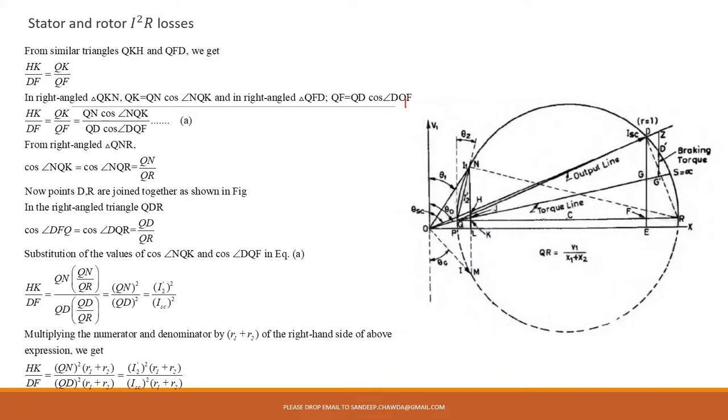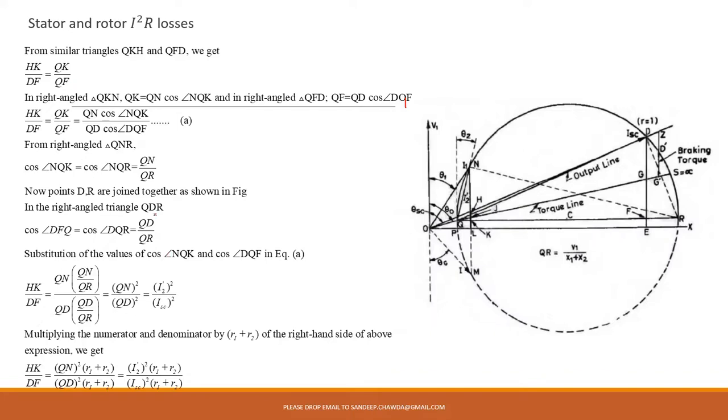It will be equal to angle DQR, and it will be given by QD divided by QR. So these are simple triangle properties. From that, ultimately we have to determine the value of QK and QF.